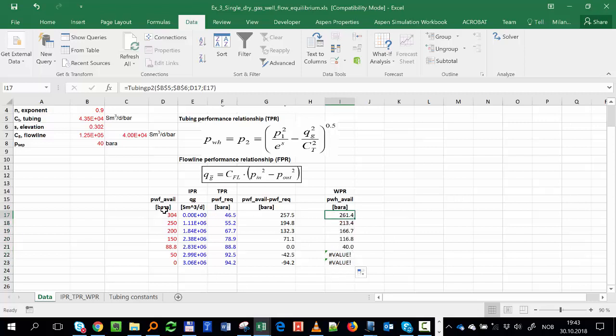Okay, I move from reservoir to bottom hole, that's the IPR equation, and then I move from the bottom hole to wellhead with the tubing equation. And that equation P2 calculates, co-current, the pressure at the discharge of the tubing.